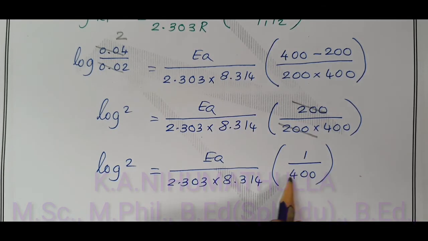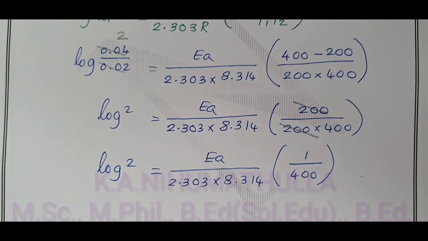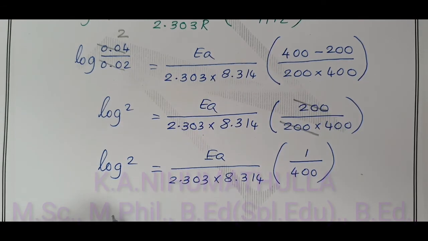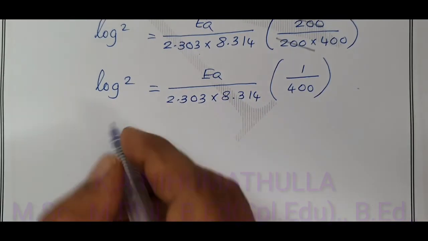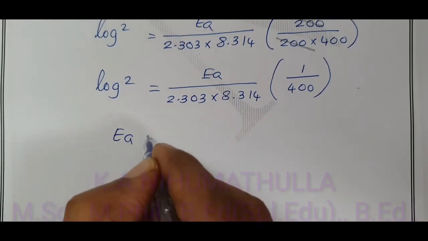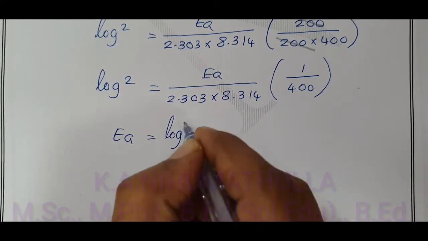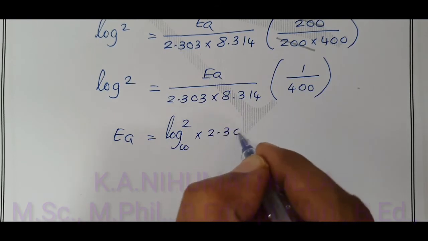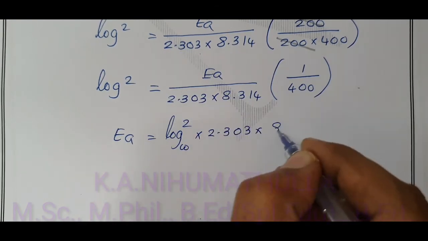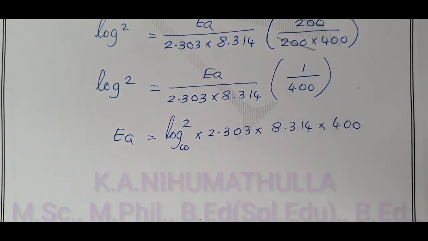Bring all these denominator values to the left hand side. On the right hand side we have Ea. So Ea is equal to log 2 and 2.303 and 8.314 and 400.